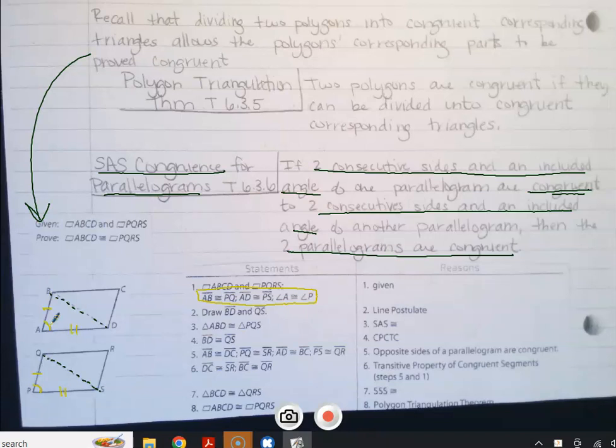So then they drew BD, the diagonals, and QS, the line postulate. And then they were able to say that triangle ABD is congruent to triangle PQS, because of that side angle side, because they had a side, an included angle, and another side congruent to a side, an included angle, and another side.